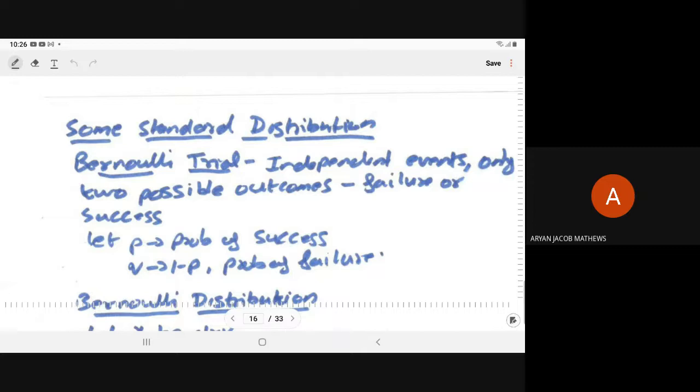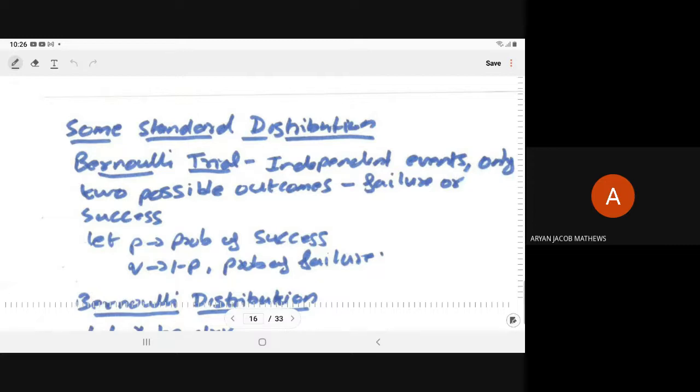So before starting the standard distributions, first you must have the idea of what a Bernoulli trial is. Trial means independent experiment, right? An independent experiment which has only two possible outcomes. For example, when we toss a coin: head and tail, success and failure, up and down, left and right.